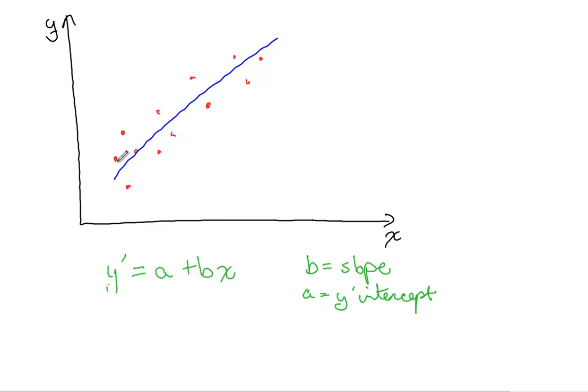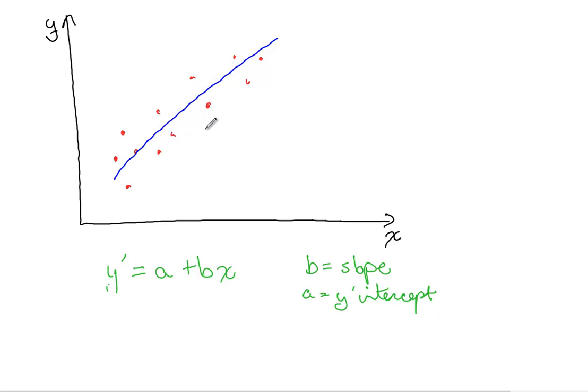Remember that slope is rise over run, how quickly it goes up or goes down. In this case we would have a positive slope because it's going up. And so we're going to be calculating how to get this line.